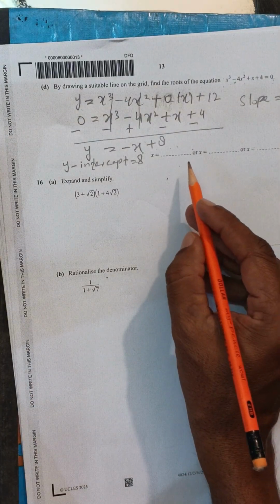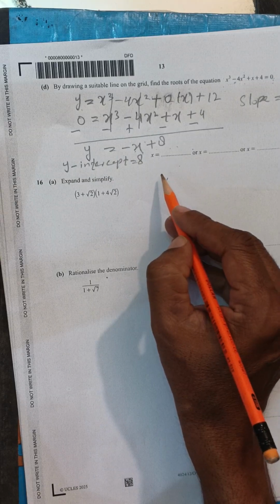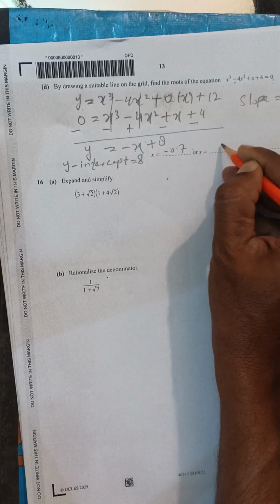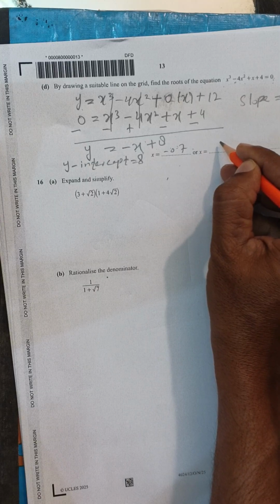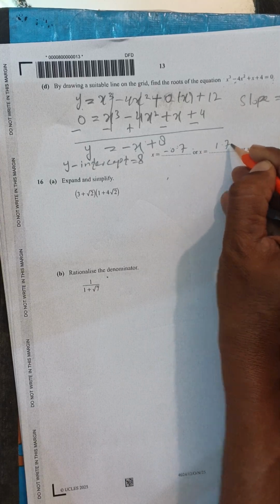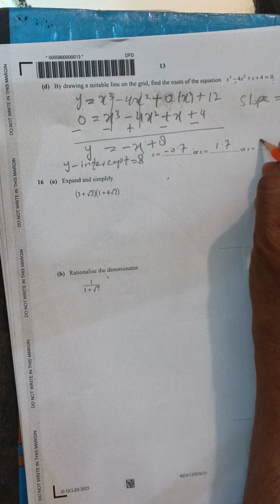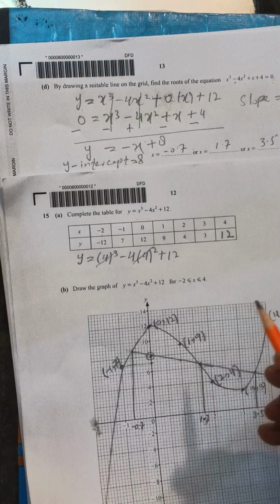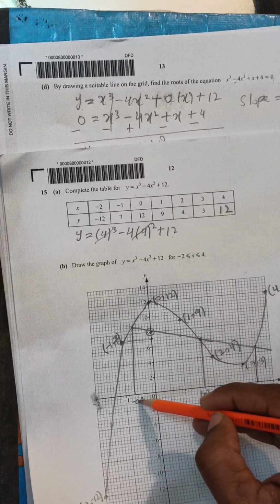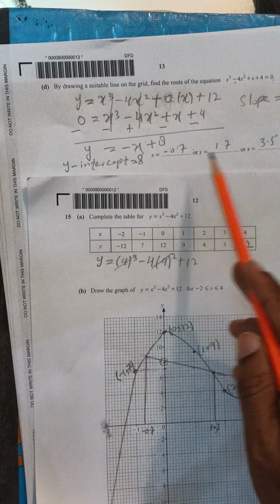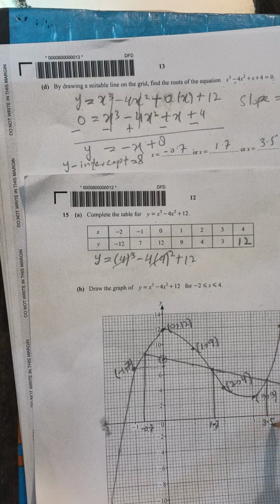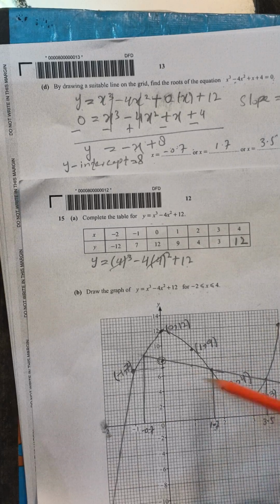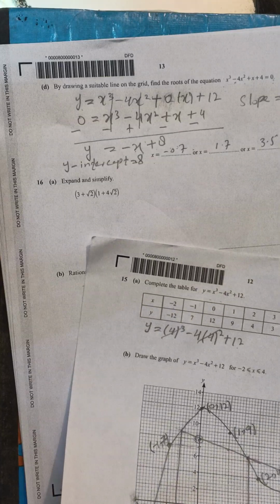So our answer, the value of x will be minus 0.7, another value is 1.7, and the third value is 3.5. These are the three possible roots of this equation.